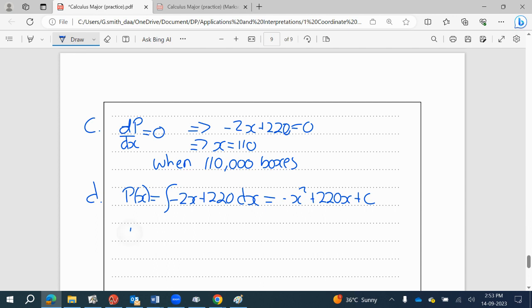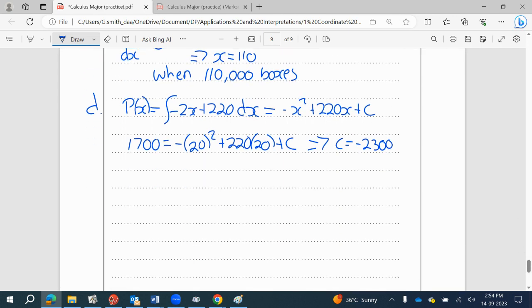Putting in our y value and our x value, we can solve for c, which is equal to minus 2300. And then we express our function that was requested, and that is that P of x is going to be minus x squared plus 220x minus 2300.